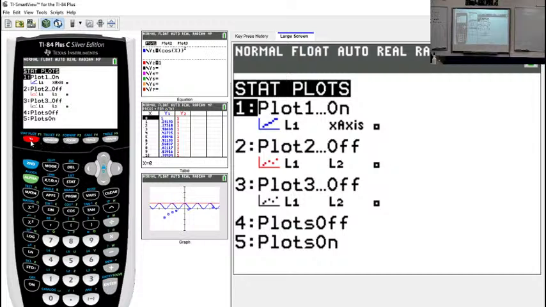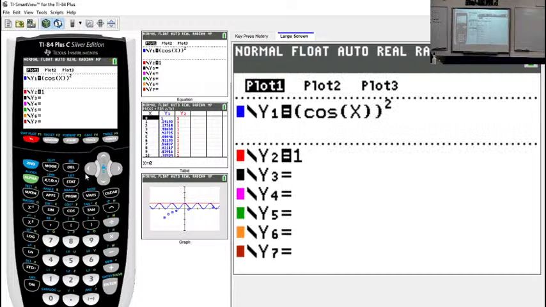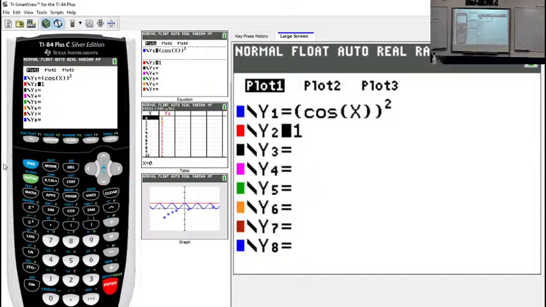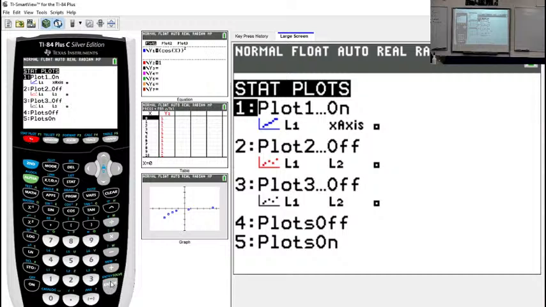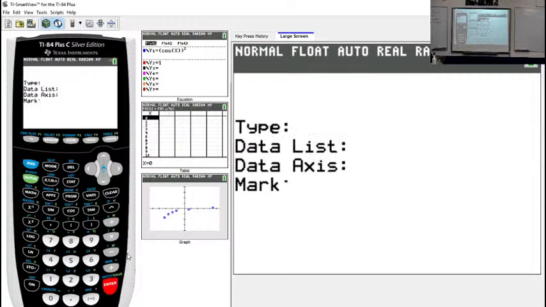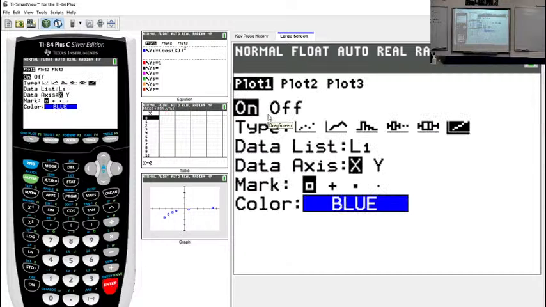Let me turn off some graphs that I was using in AP Calc here. And remember that our menu for all our graphs is second y equals for our stat plot. Want to make sure it's on. Some people say it's not showing up, and it's because it's not on yet. So make sure it's on.